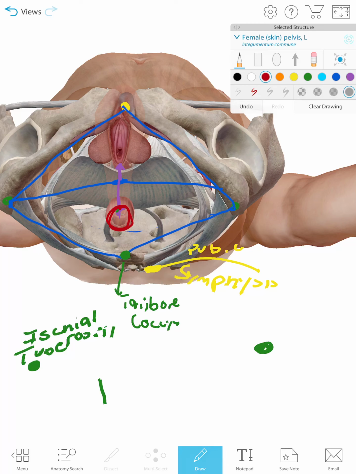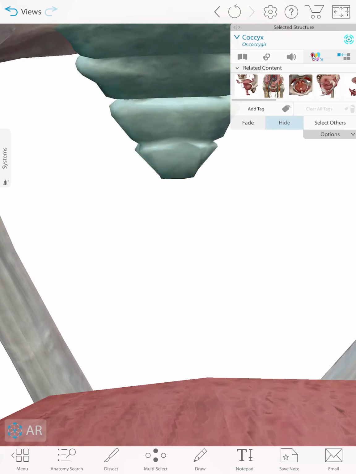I'm going to erase this now. Again, if I were to zoom back in, this region here is the tailbone, also known as the coccyx, and that makes up another part of the anal triangle.